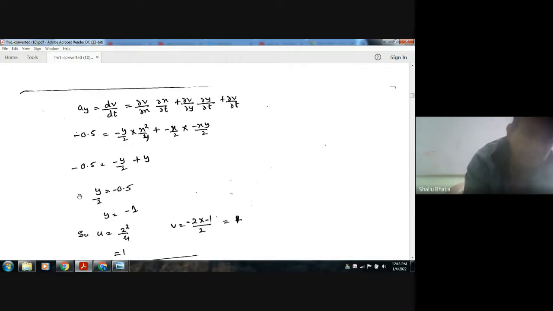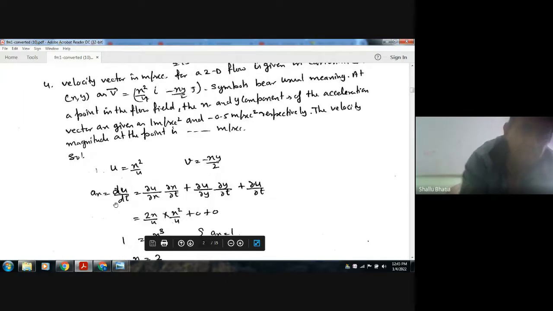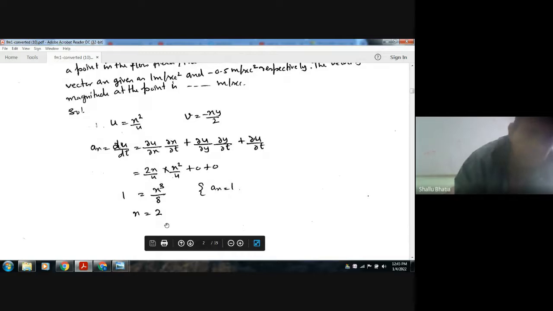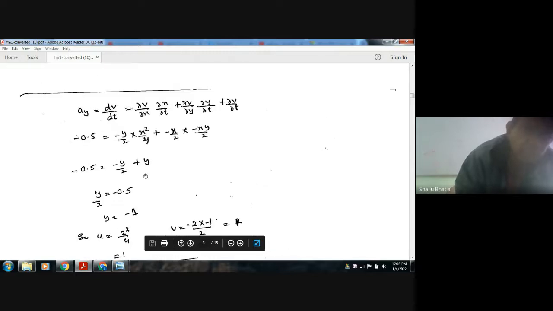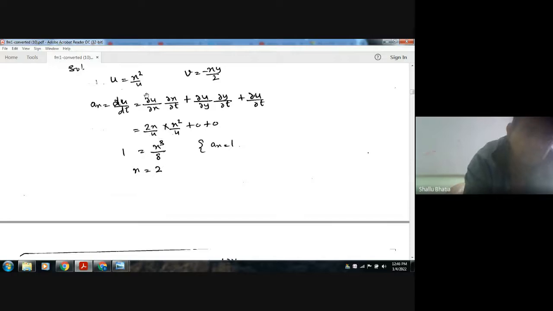The point is x is equal to 2 and y is equal to minus 1, where the acceleration in the x direction is 1 and in the y direction is minus 0.5. So u is equal to 2 square by 4, and v is equal to 2 by 2.